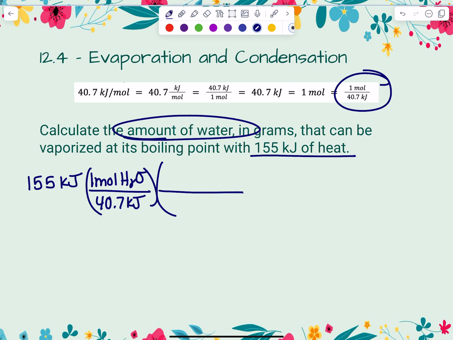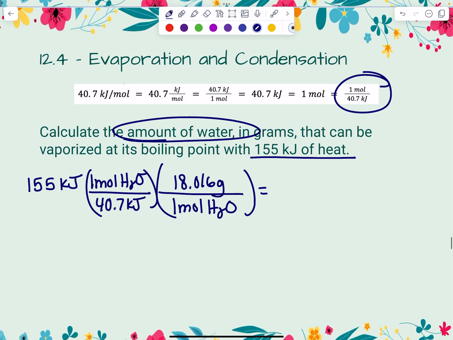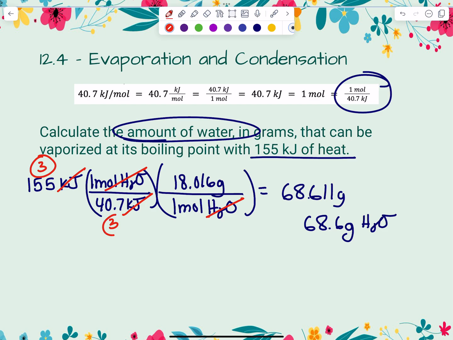And then since the question is asking about the mass, I can just put mass on the top, and that's going to give us 68.611 grams, or 68.6 grams of water, right? Do my units cancel out? Of course they do.